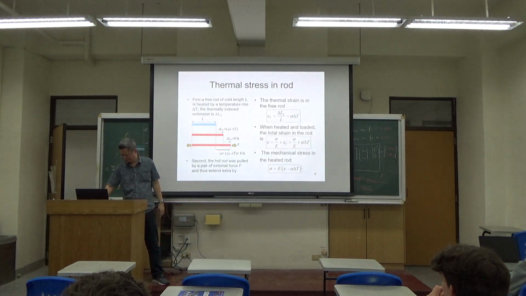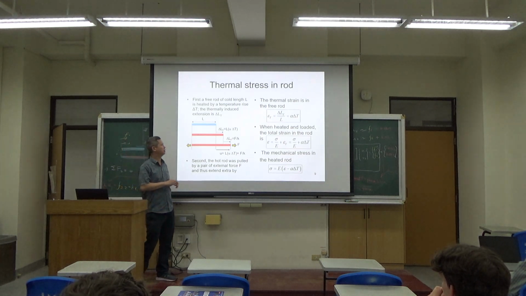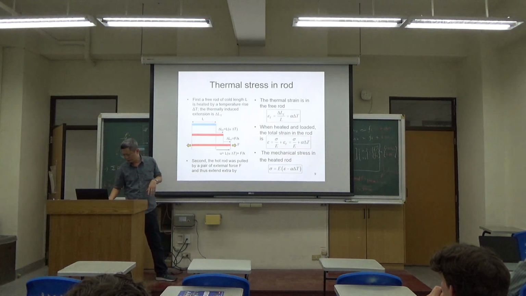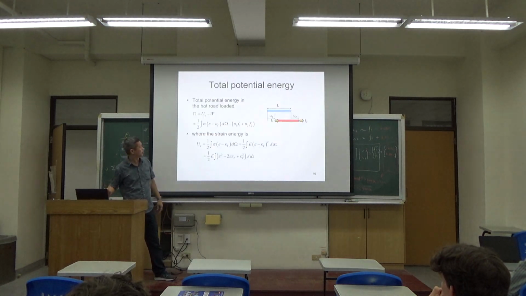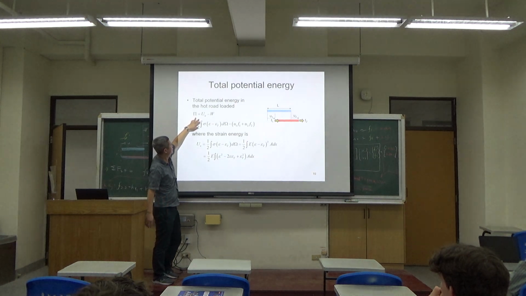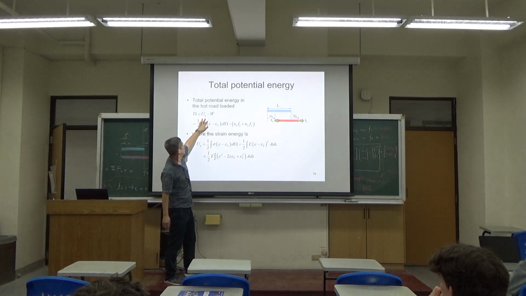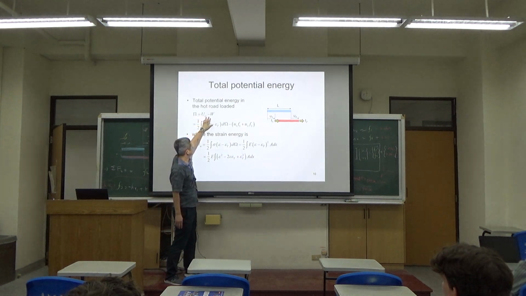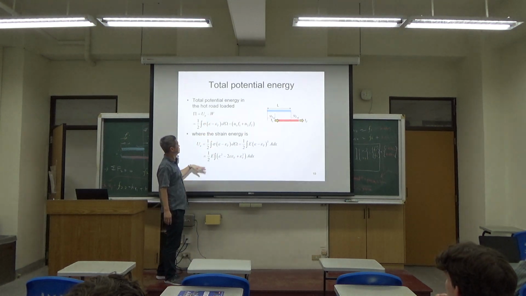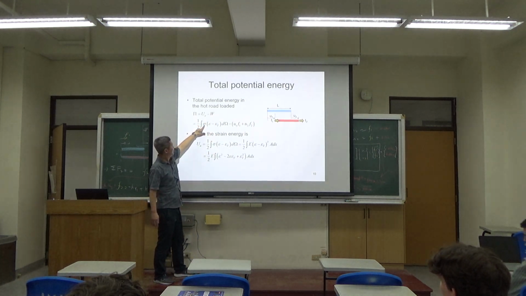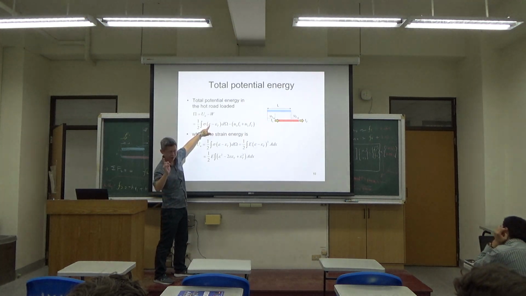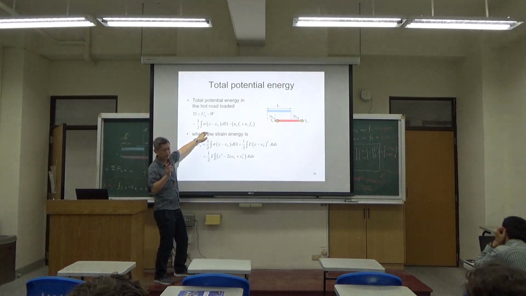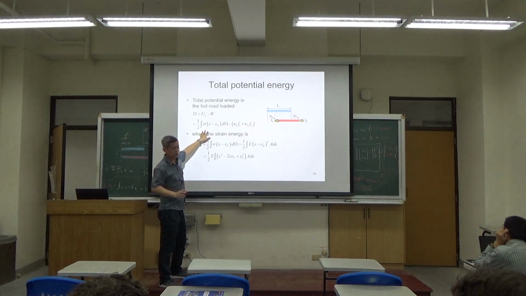With this, now we can define the total potential energy in the hot rod. The total potential energy can be expressed as the elastic energy stored minus the work done. In the calculation of strain energy, the mechanical stress is multiplied with the mechanical strain.